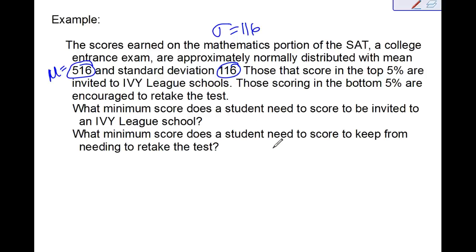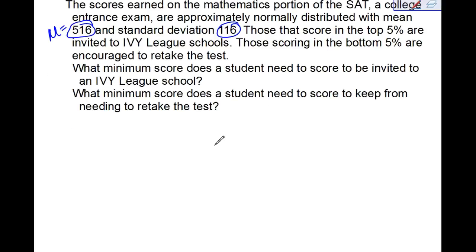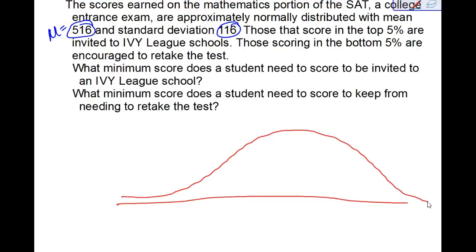So basically what it's asking is, we have this test, the SAT, and we have a mean of 516 with a standard deviation of 116. And those in the top 5% over here, so 5% here, are invited to the Ivy League school.